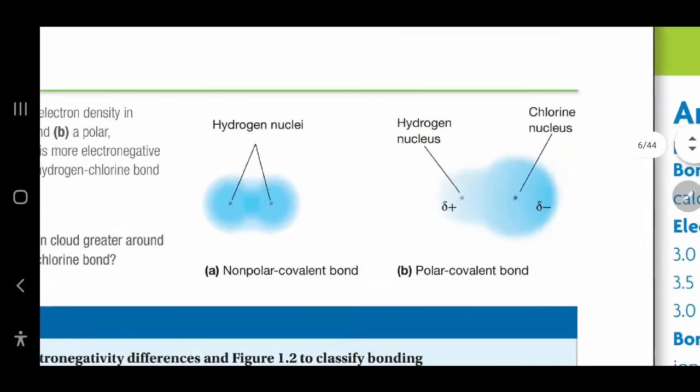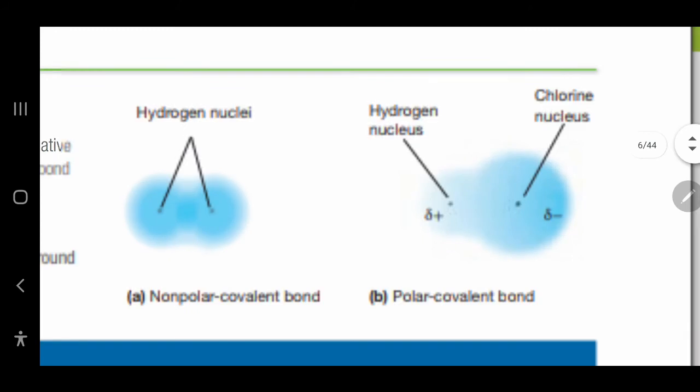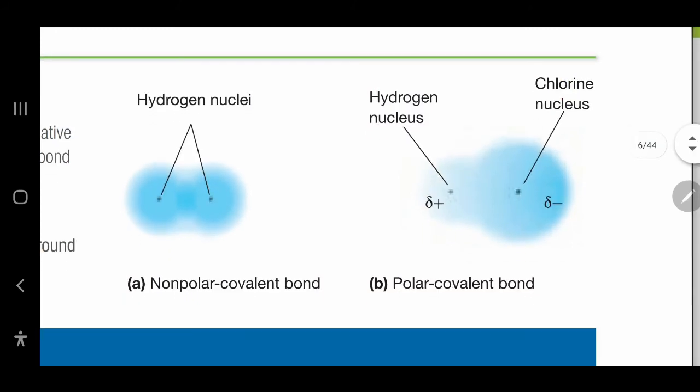Here in this shape, we have a nonpolar covalent bond and a polar covalent bond. And the difference between them is that if we have a difference in electronegativity, but this difference is not more than 1.7, we will have a covalent bond.